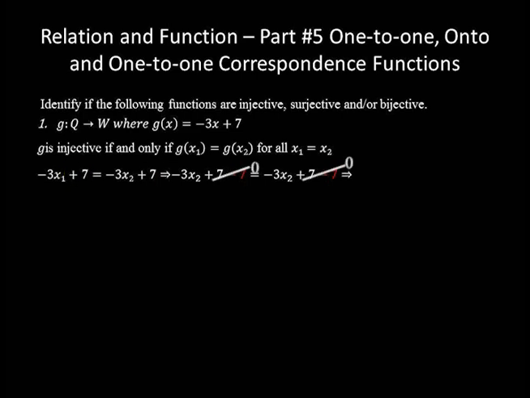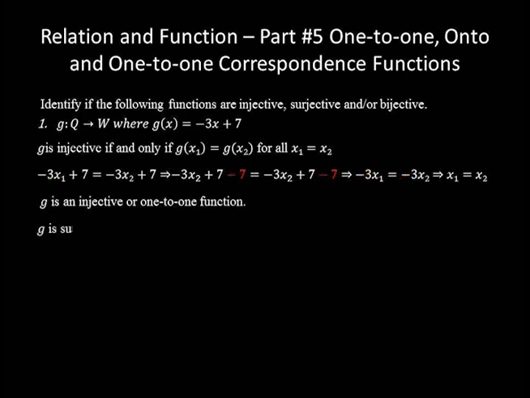So we are left with -3x1 equals -3x2. -3 is crossed out by -3. Thus, what we are left with is x1 equals x2. We assumed g of x1 equals g of x2, and we proved that x1 equals x2. Therefore, g is a one-to-one function.